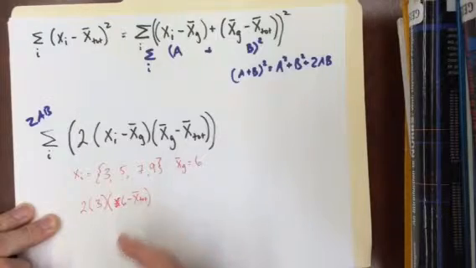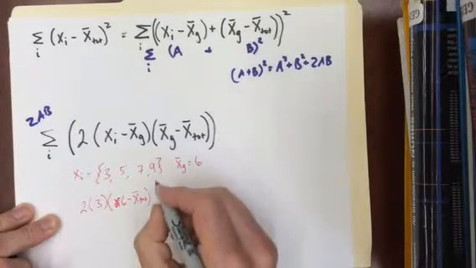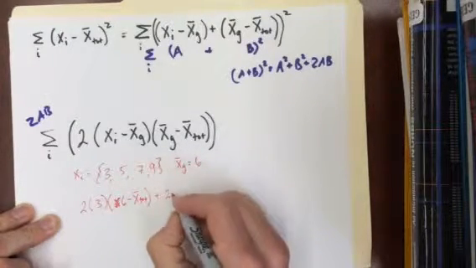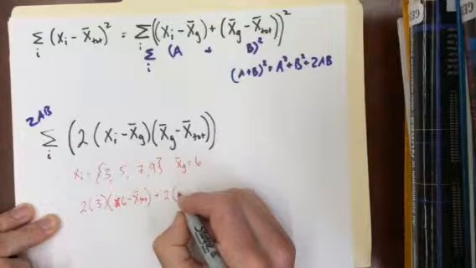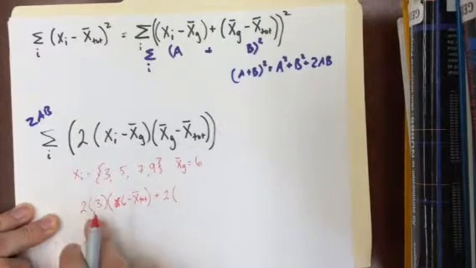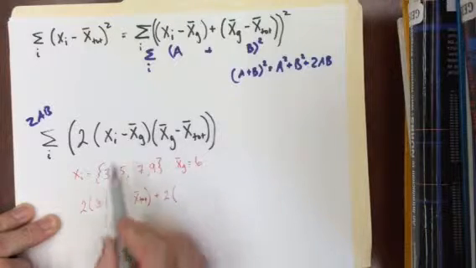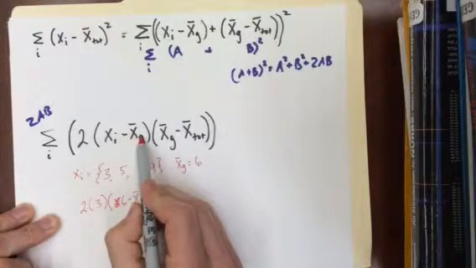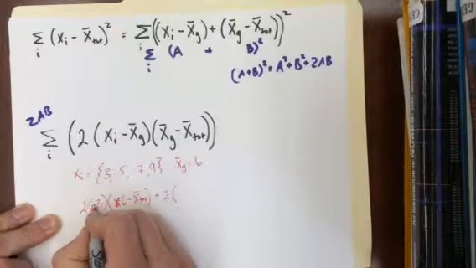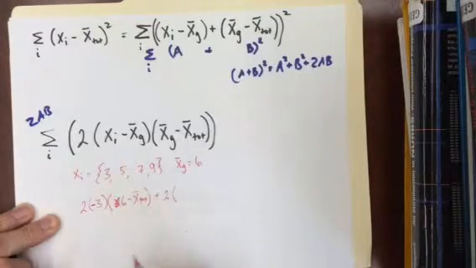Remember, this x bar total has the other groups in it. We're just focusing on one group now. Plus 2 times, sorry, I made a mistake. This shouldn't be 3. This should be 3 minus 6, so this should be negative 3. Excuse me. We're focusing on the first one.